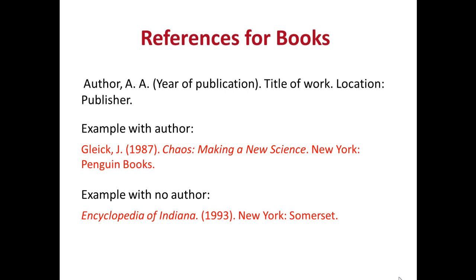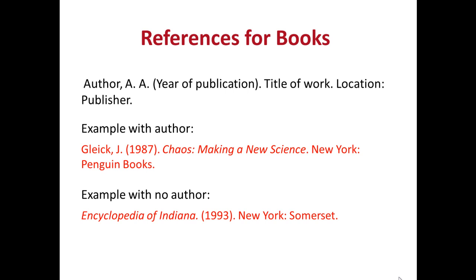For example, an author with the last name Gleich, comma, first initial J, 1987, in parentheses, followed by a period. The title of the book, Chaos: Making a New Science, followed by a period. Publication location, New York, followed by a colon. The publisher's name, Penguin Books, followed by a period.